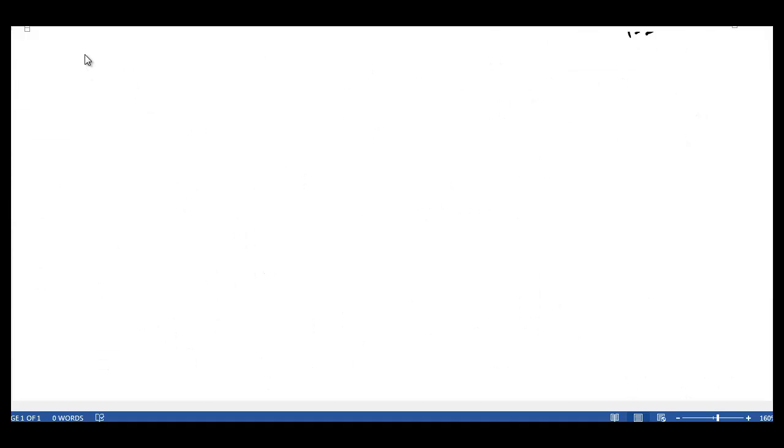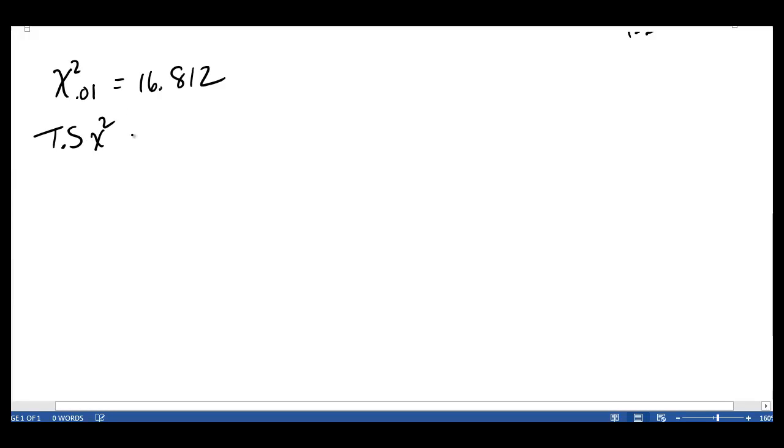Okay, so again, our chi-squared critical value was 16.812. Our chi-square test statistic that we figured out was 19.568. And what we do is we just compare that.